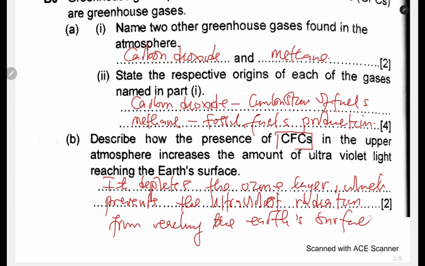So because it depletes the ozone layer, that prevents ultraviolet rays from being blocked, which means ultraviolet radiation is freely reaching the Earth's surface if the ozone is depleted or destroyed. Okay, so that is how you can put this answer.